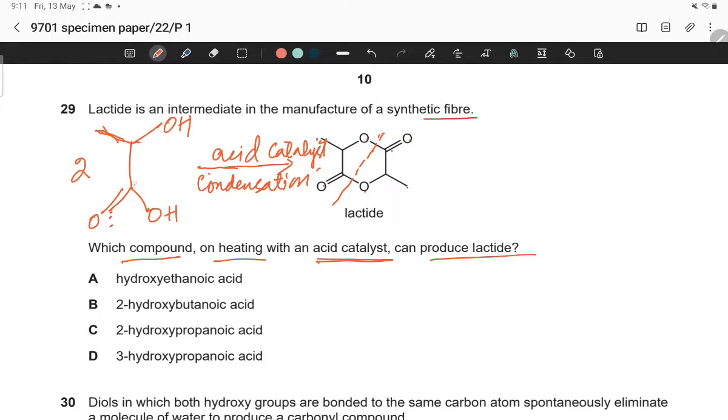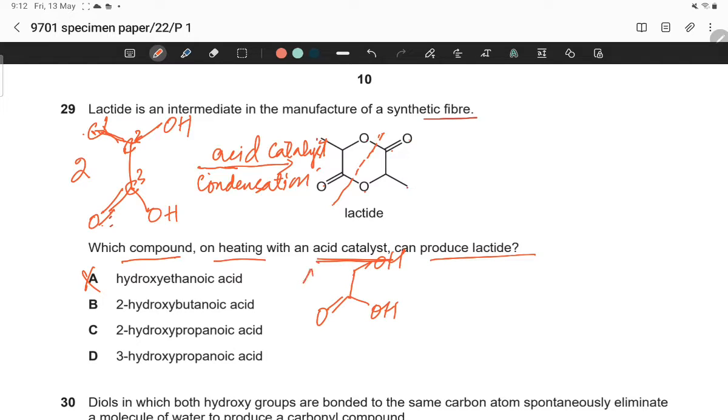Option A is hydroxyethanoic acid, OH and hydroxyethanoic, 1 2, so is this correct or incorrect?